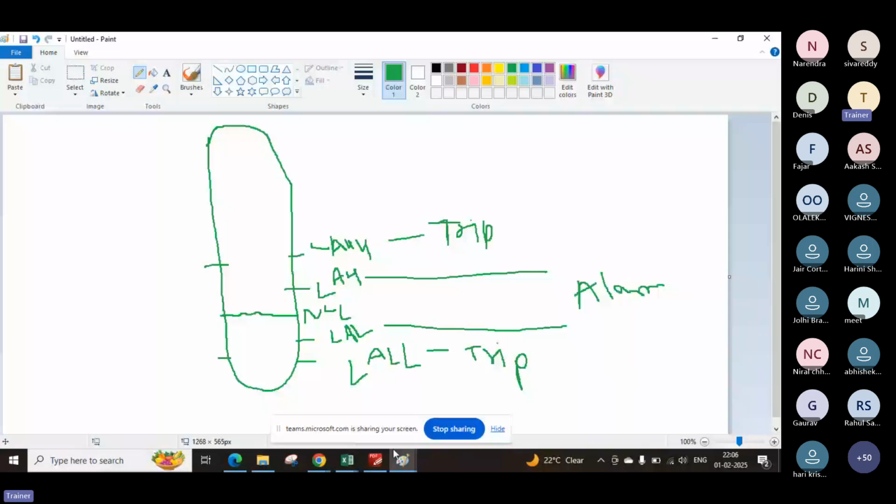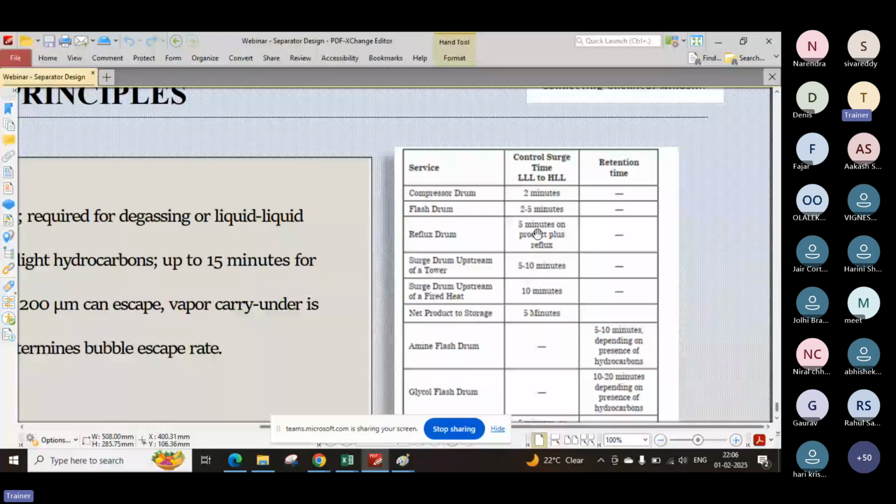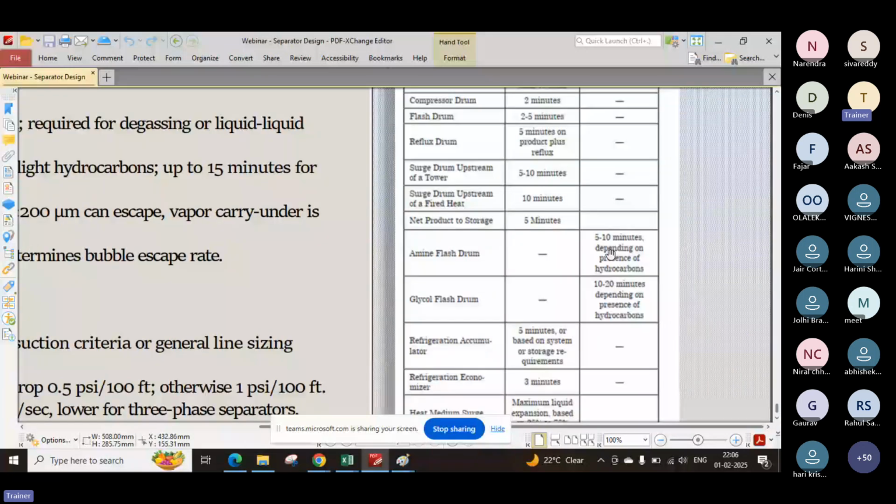Now, if you see the control surge or the control time between this generally, or the retention time generally, let's forget about anything. Now you are saying you have 10 minutes.